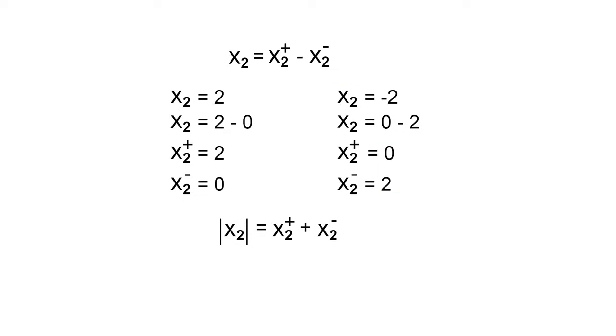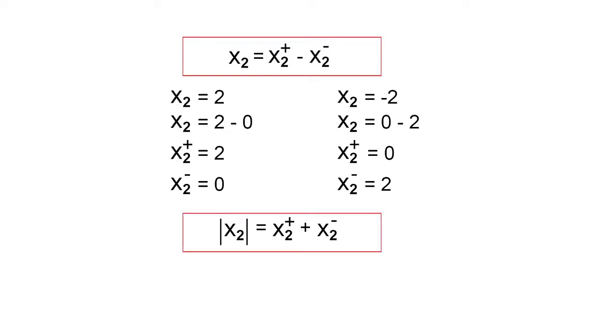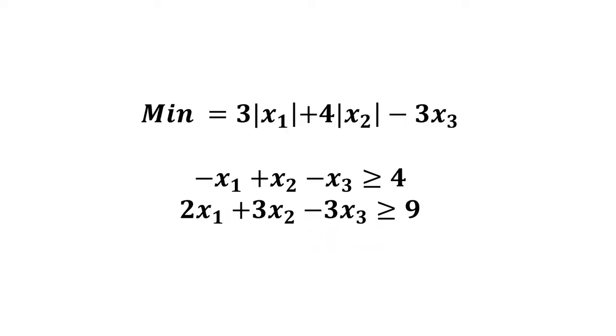So the proper transformation for absolute values is transforming the variable as a difference of two positive values and transforming the absolute value function as a sum of those positive values. Let us now transform this example.